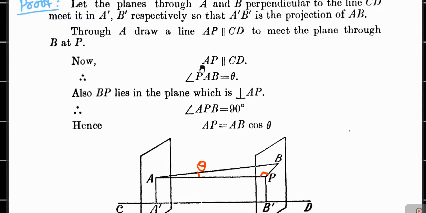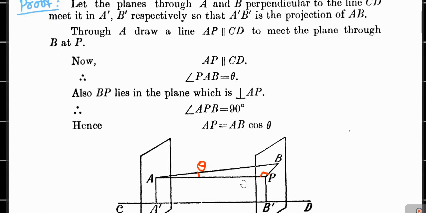Then obviously the line AP is parallel to CD, and therefore the angle PAB will be equal to theta, as it is given that the angle between lines AB and CD is theta, and CD is parallel to the line AP. Therefore the angle between AB and AP is theta. Also, line BP lies in this plane, and line AP is perpendicular to the plane.